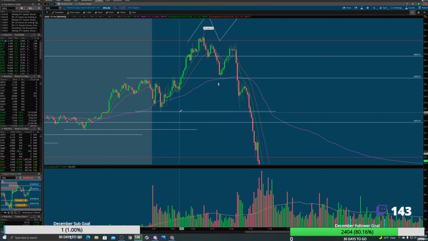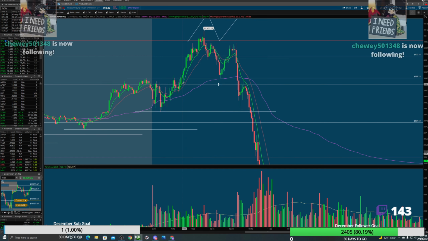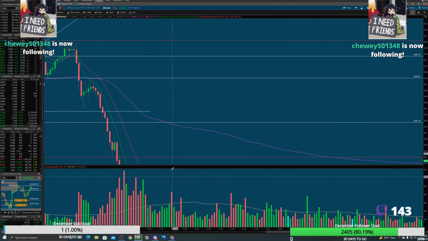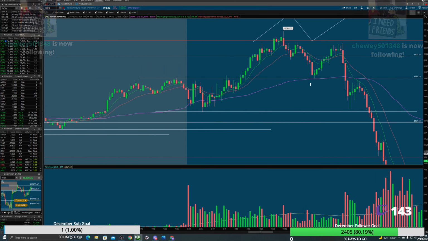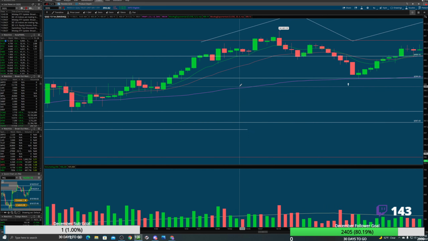Normally when we see the 9 break over the 20, on a very strong breakout or rally, you'll see price respect the 9 EMA very closely. So let's just go through and see what happens here. I want to blow this up a little bit.